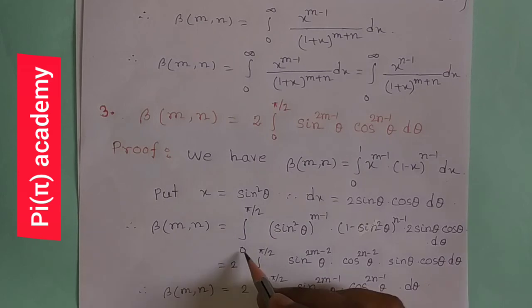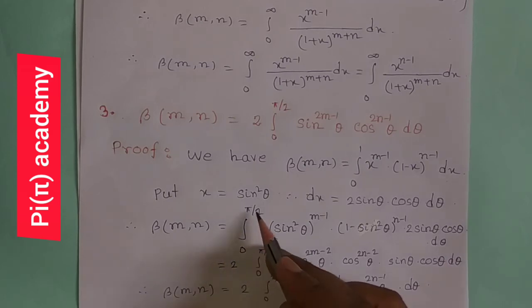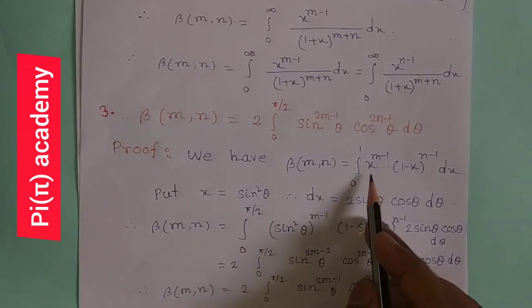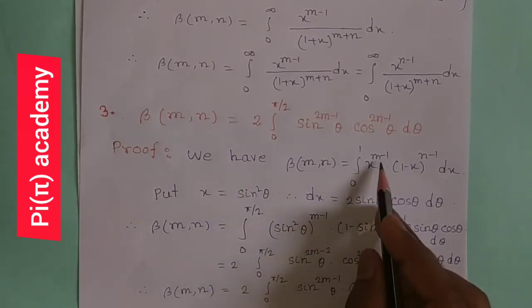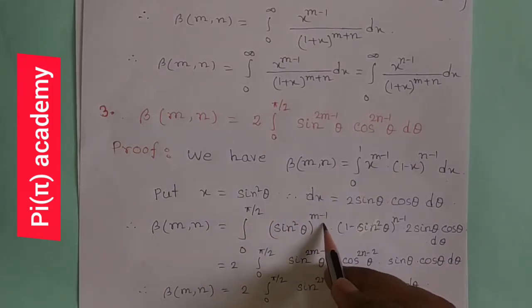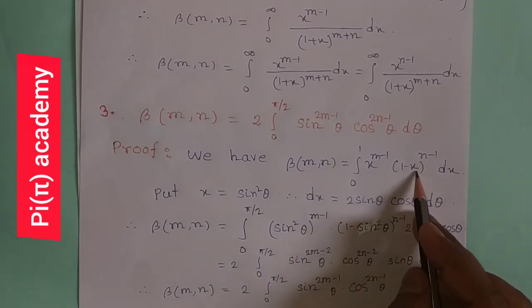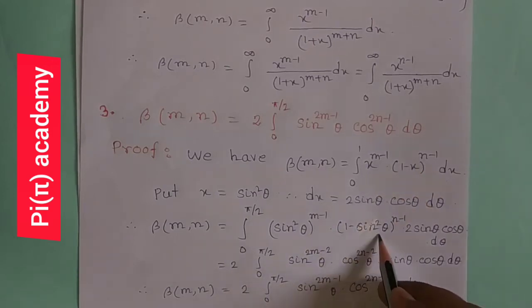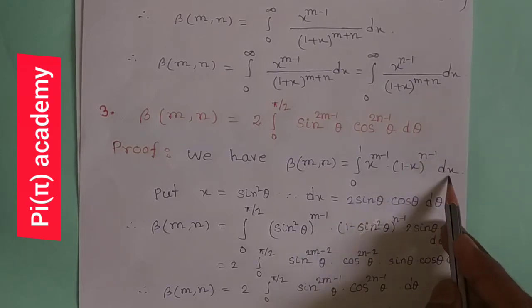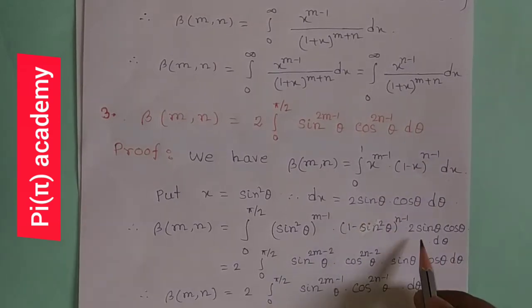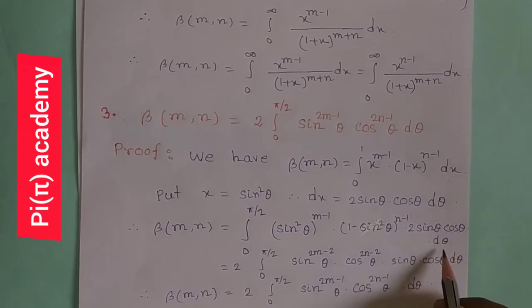Therefore the limit changes from 0 to pi by 2, and here x is sin square theta, therefore (sin square theta) whole to the power m minus 1, and 1 minus x, that is 1 minus sin square theta, whole to the power n minus 1, and the value of dx is 2 sin theta cos theta d theta.